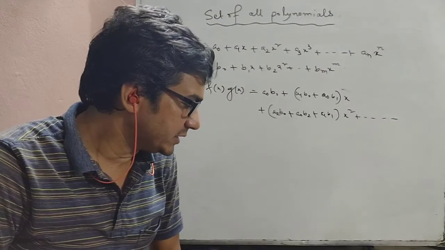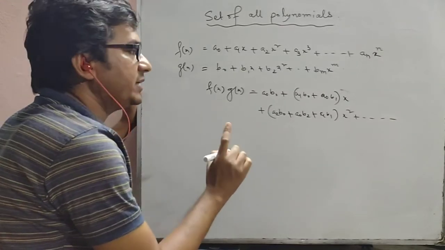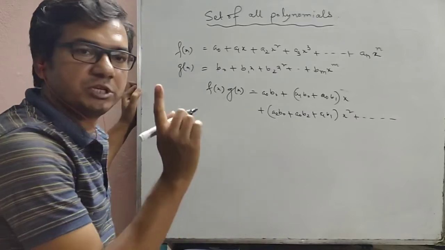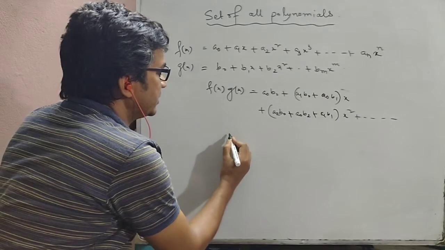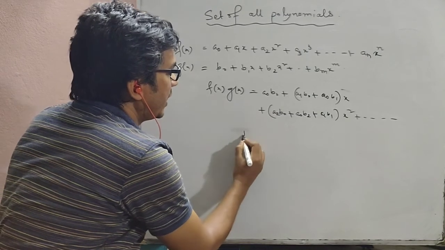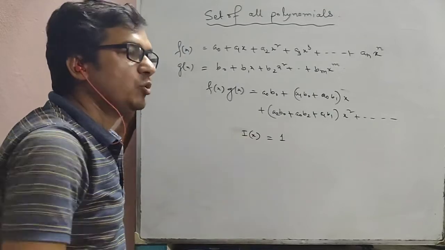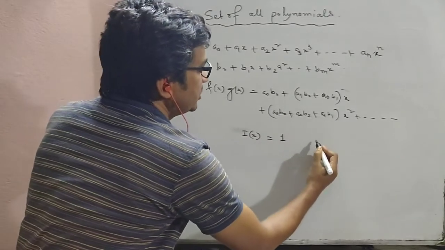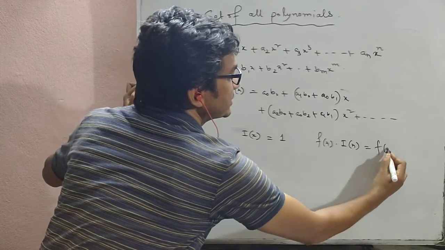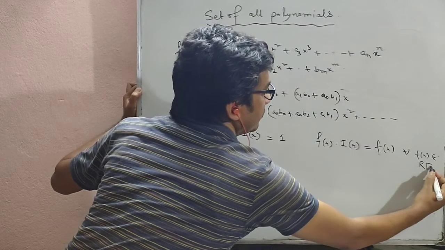And here the identity element, meaning unity element, that is the identity with respect to multiplication, is I of x equal to 1. This is also a polynomial, and the property of this polynomial is f(x) into I of x equal to f(x) for all f(x) belongs to R[x].